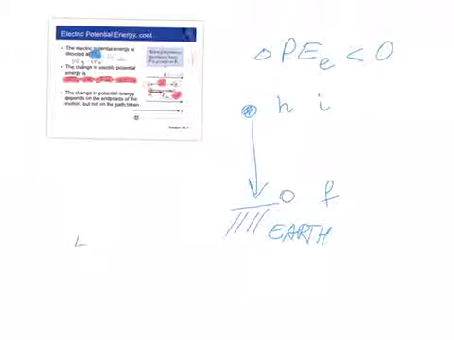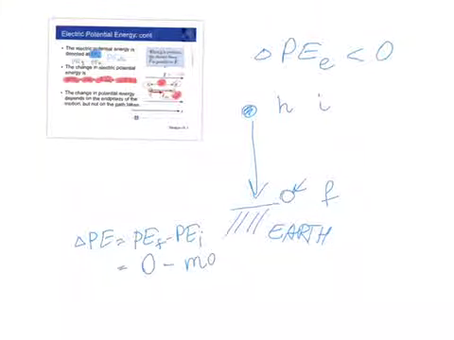So change in potential energy is equal to final potential energy minus initial potential energy, which is 0, because height is 0 over here, minus initial potential energy mgh, so it is equal to minus mgh.